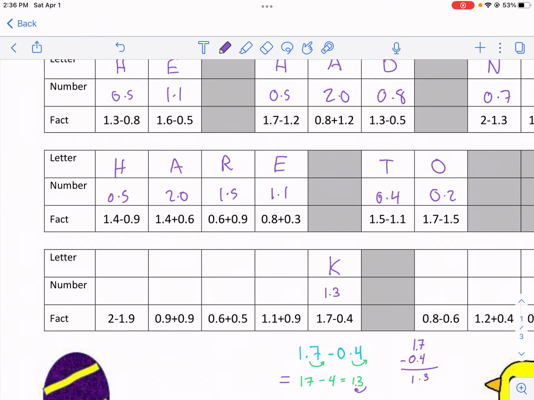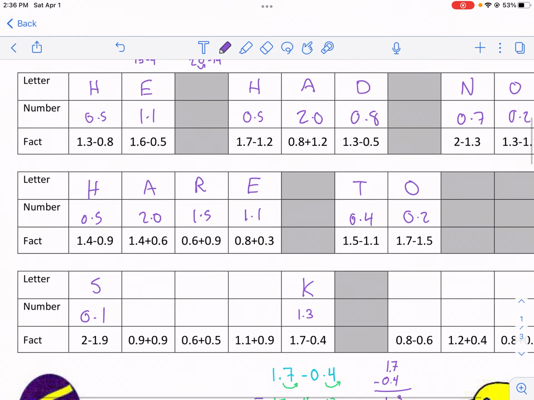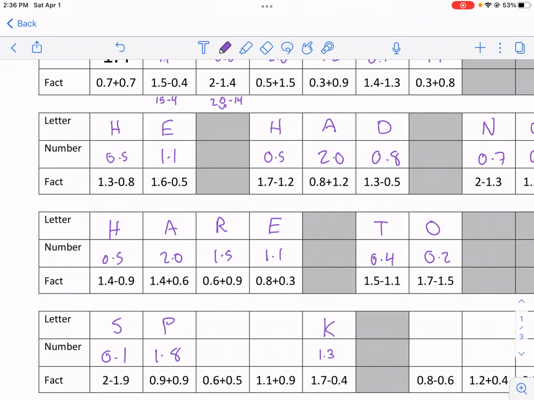So we have 0.1 for this guy, and that is S. And then 1.8, I don't think we've done 1.8. That's like 9 plus 9 is 18, 1.8 when we move the decimal back.